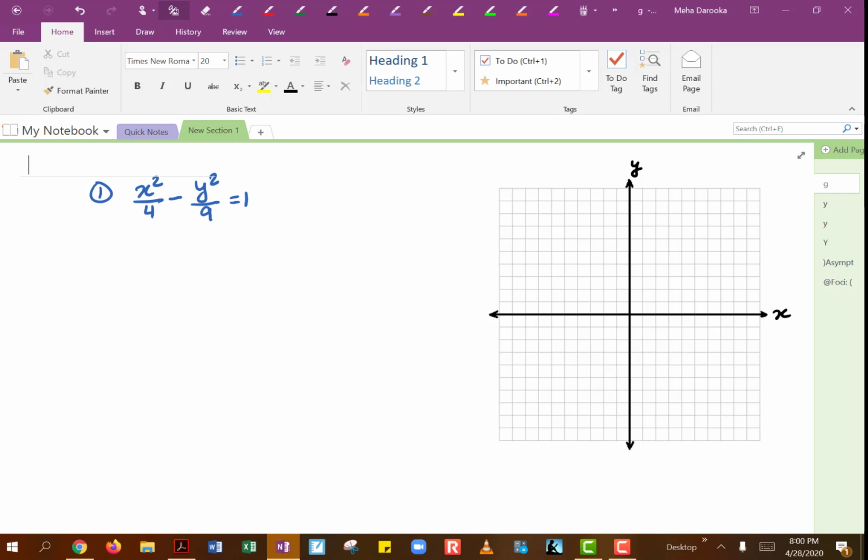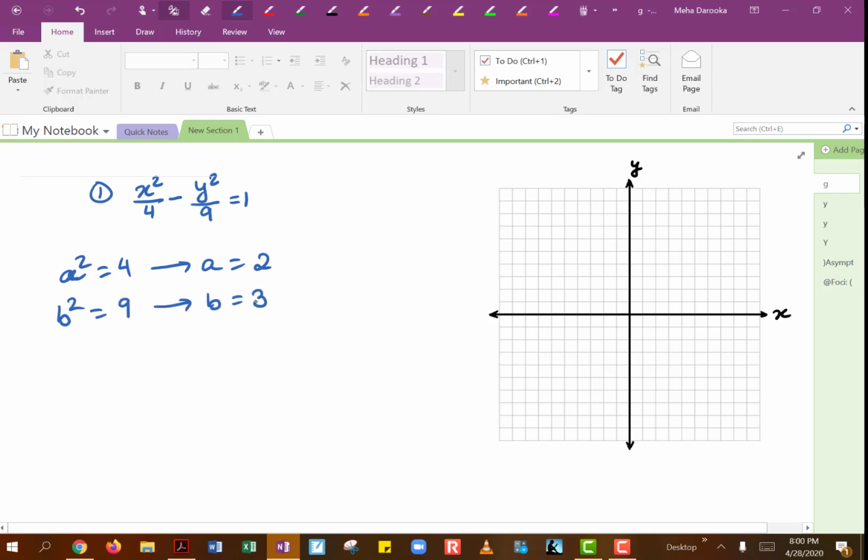Okay? So in this case, our a squared value is going to be 4, which means a is going to be 2, right? And b squared is going to be 9, and of course that means b is going to be the value of 3.